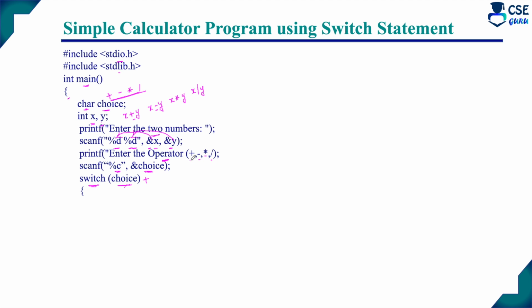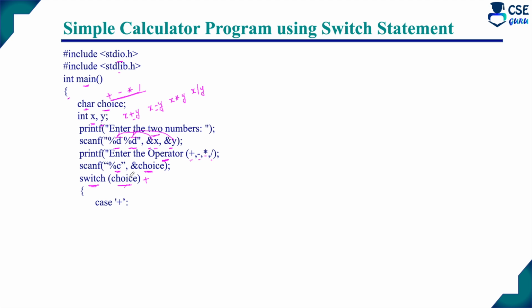If it wants to perform addition, that is a separate case statement. Subtraction is a separate case statement. Multiplication is a separate case statement. Similarly, division is a separate case statement. So whatever choice you enter, accordingly it will select and execute that particular case block, and then it will exit from the switch statement.